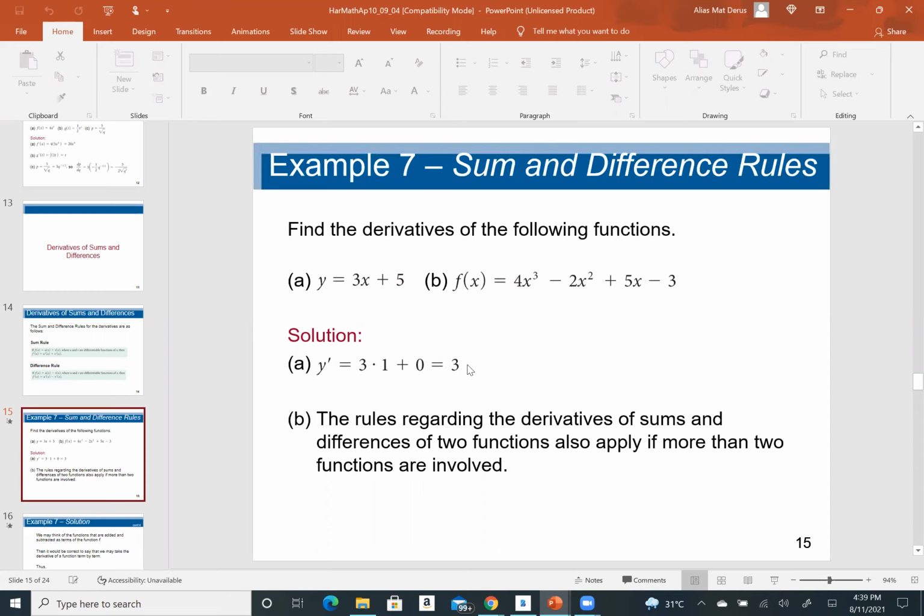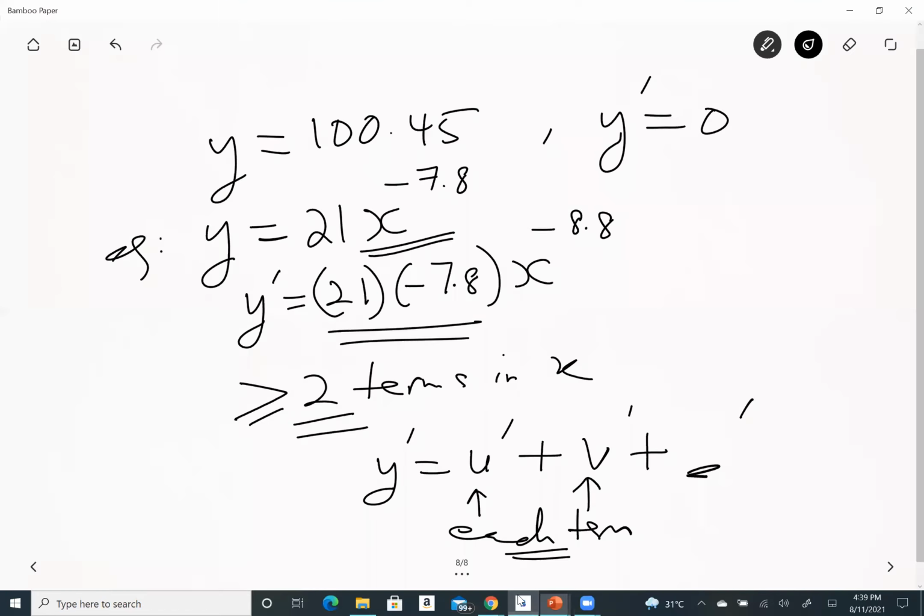Okay, so let's look at some questions in the book, just the addition. I'll give you an example.